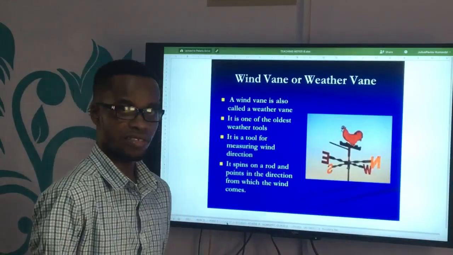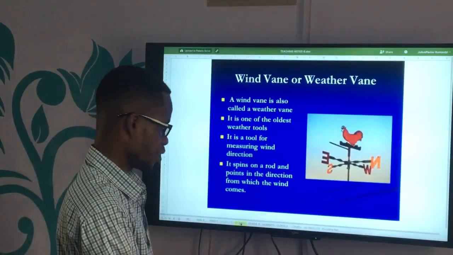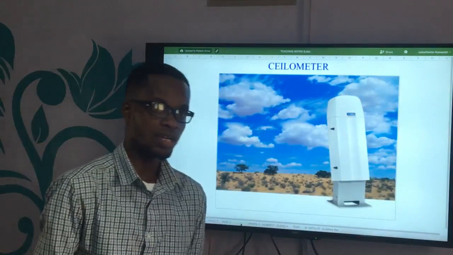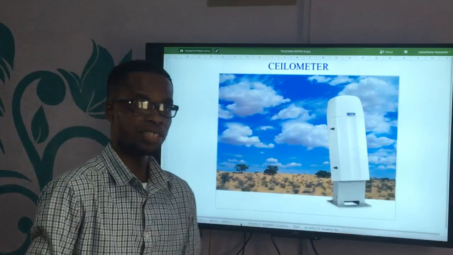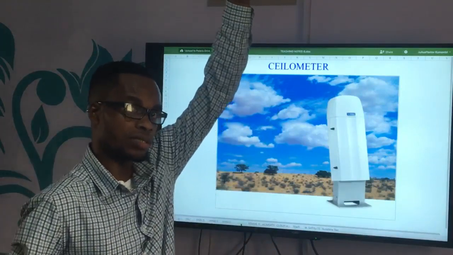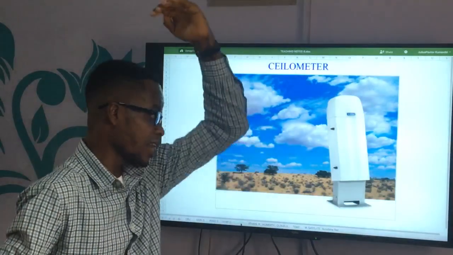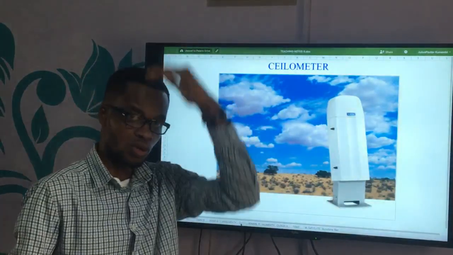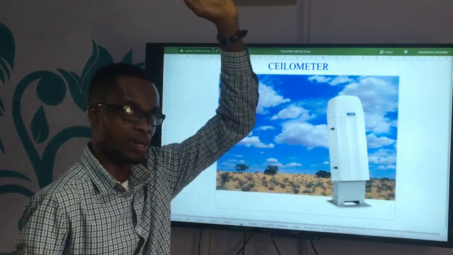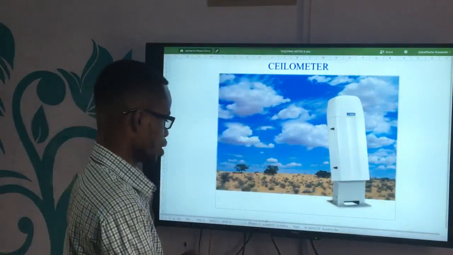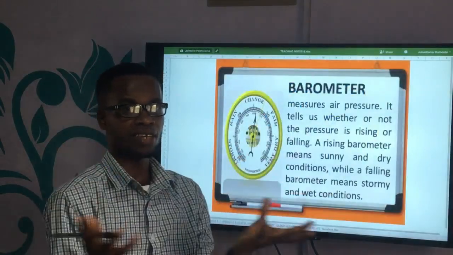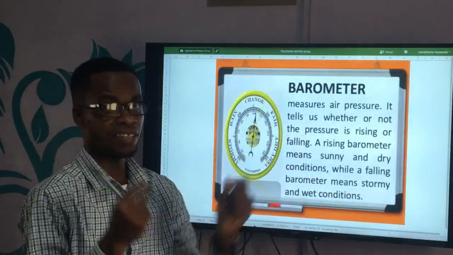We can use this to determine it; it is a very old instrument. Then we also spoke about the ceilometer. That tells us the height of clouds away from us in the sky. When it is close, it will determine it, and when it is further away, it can also tell us through its laser and its sensitive lightning systems.